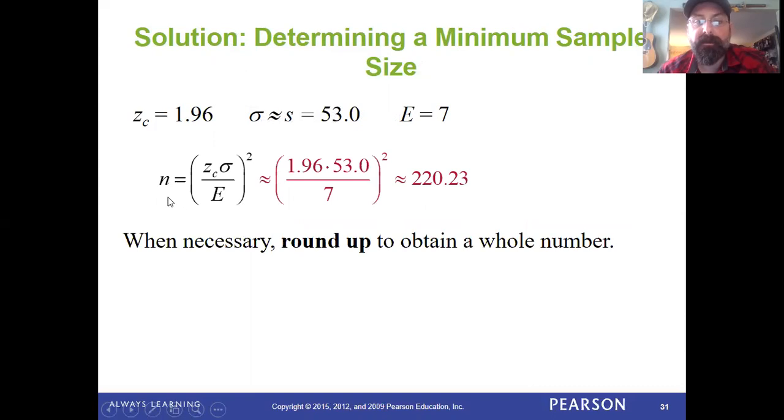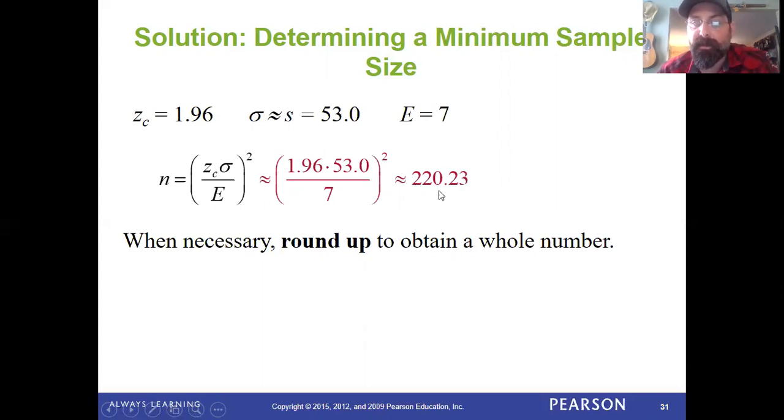We plug this into the minimum sample size requirement, and careful with the calculation, we come up with 220.23. So what this is saying is go and sample 220.23 people, and the X bar you get from them, we will be 95% confident that it's within 7 friends of the actual average mu.